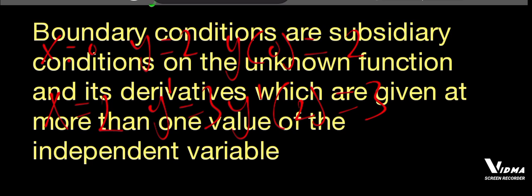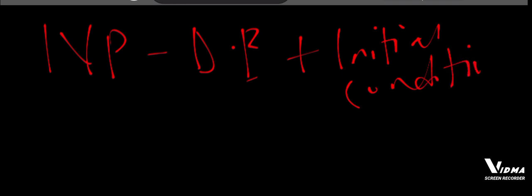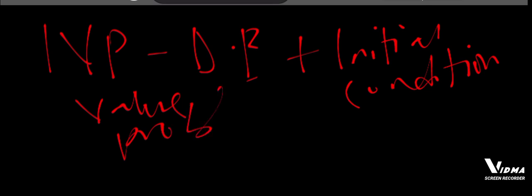And this will take us to the next thing, which is what we call IVP. So if I have a differential equation plus an initial condition, then it becomes an initial value problem. Okay, that's how we define an IVP, or initial value problem.